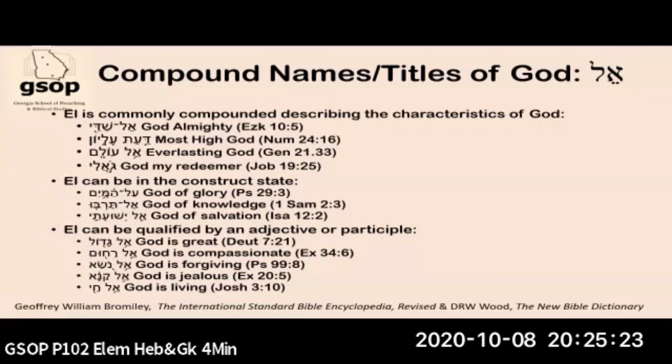El Olam means everlasting, the everlasting God, Genesis 21. Go'ali, God my Redeemer. Goel is the Redeemer, and Go'ali is my Redeemer, Job 19.